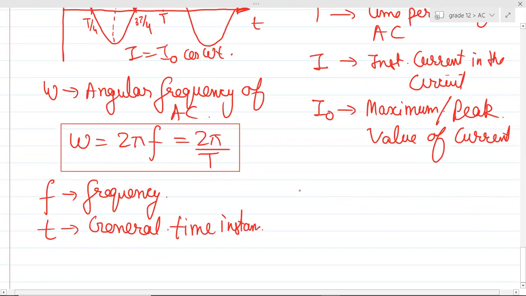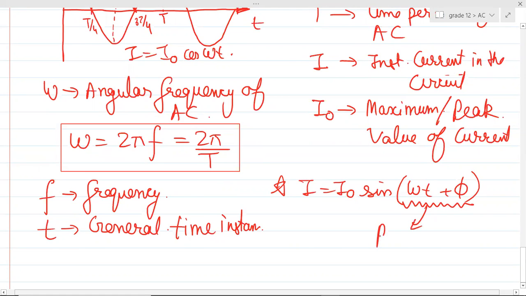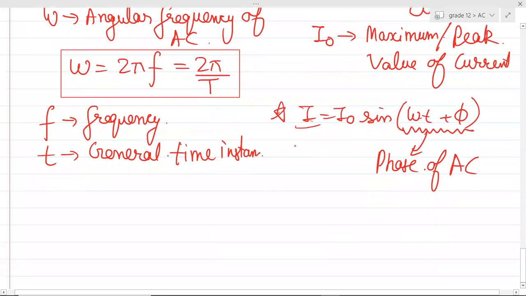For example, I equals I naught sine of omega t plus phi. You write it like this. This is the general equation. Whatever you write in the brackets of sine is called the phase of the alternating current. We'll see exactly what phase is, don't worry.